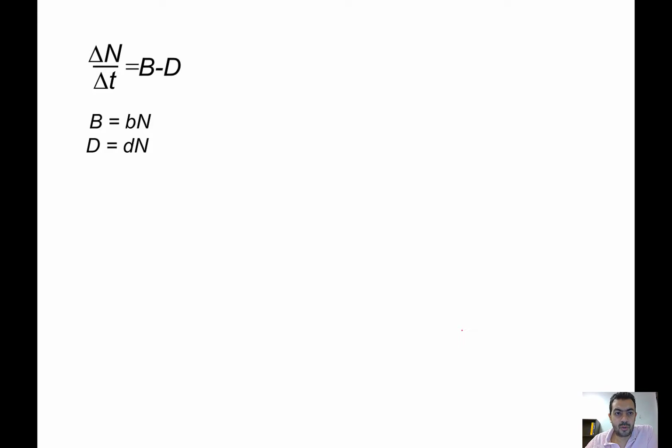So let's put all the equations together. If you go back, you will see that we have defined that delta N divided by delta t is equal to B minus D, I mean capital B minus capital D. Then capital B is equal to small b multiplied by N, and capital D is equal to small d multiplied by N. So what we can do is replace these here, and we will get this equation.